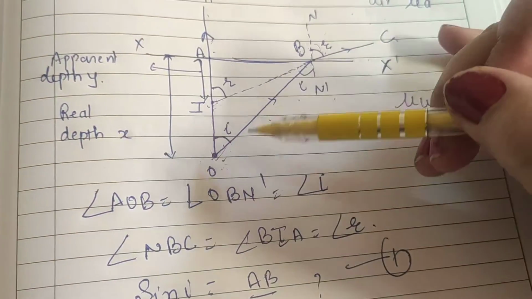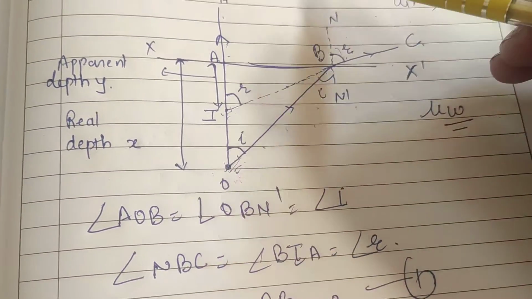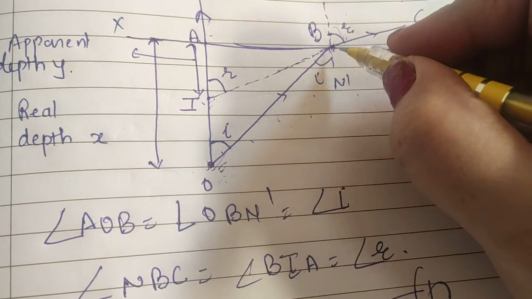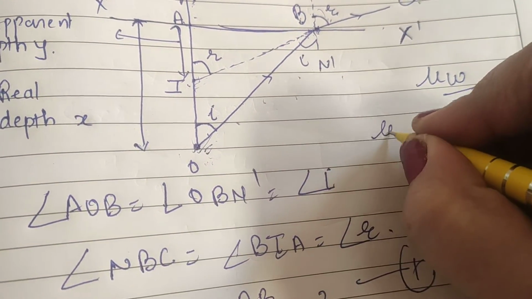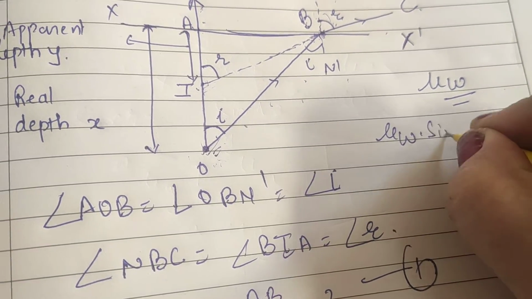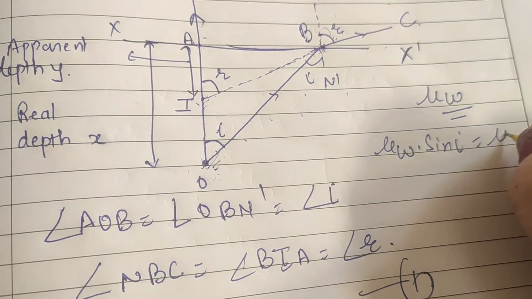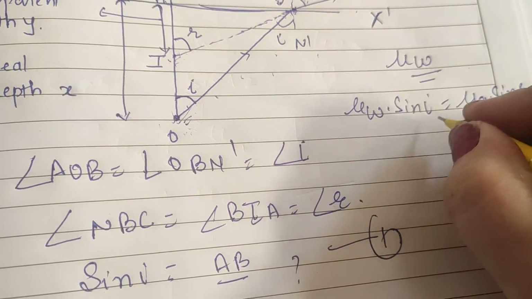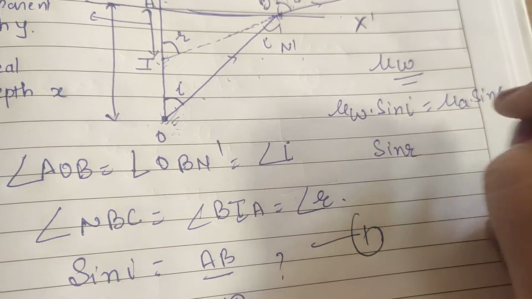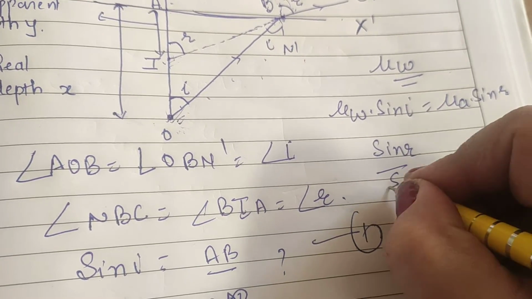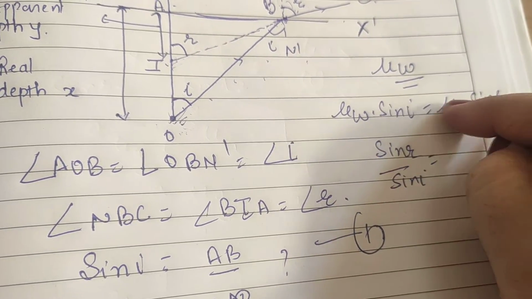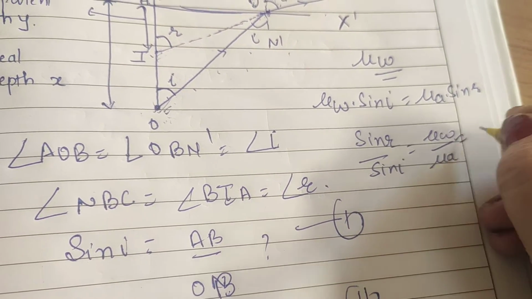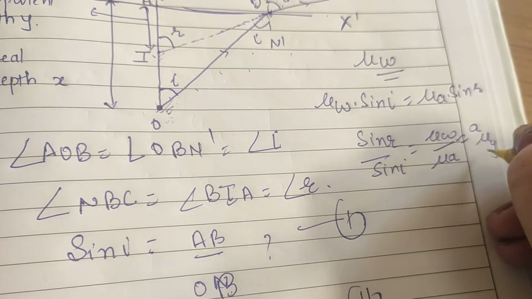Now since the light is going from water to air, applying Snell's law at this point, we can write mu W sine I equals mu A sine R. So sine R upon sine I is equal to mu W upon mu A, which is equal to the reverse order.